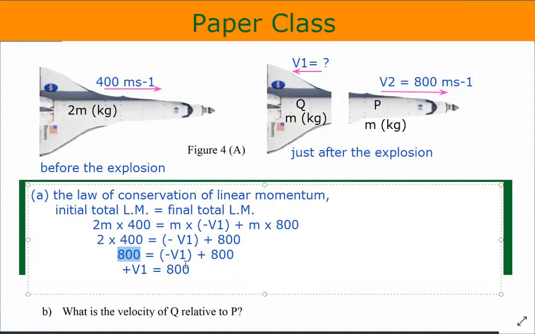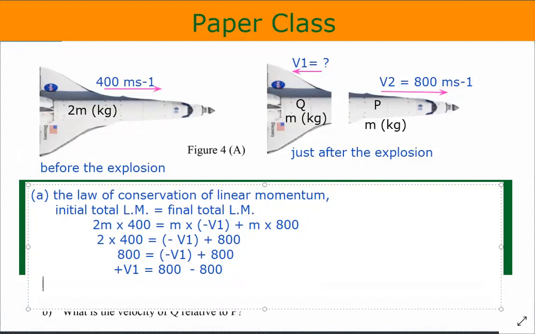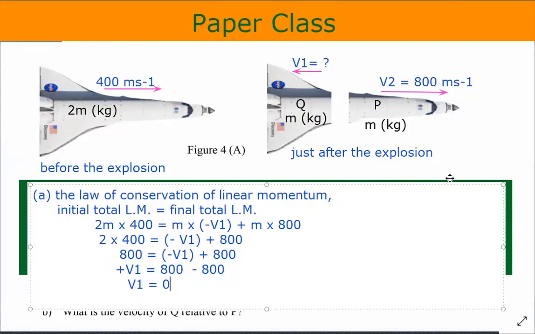This 800 goes to the other side as minus 800. Then what is plus 800 minus 800? What's the answer? 0. So what is the velocity of the piece Q after the explosion? 0 meters per second. Please write this here. So this is the complete answer.